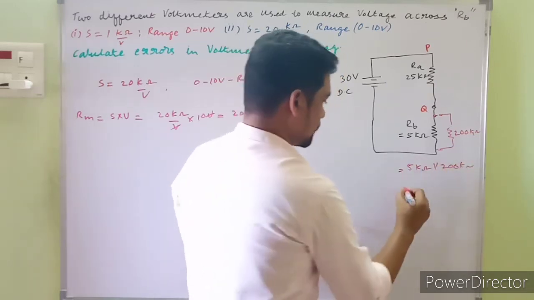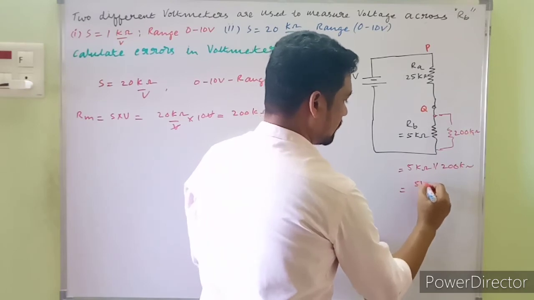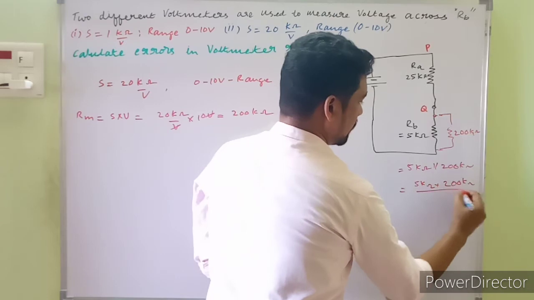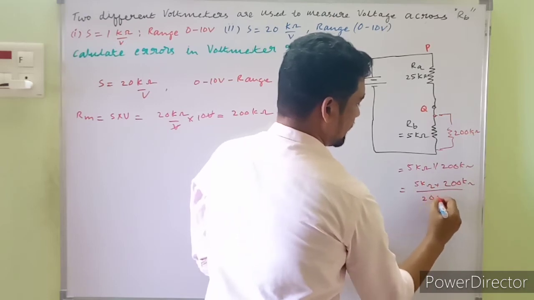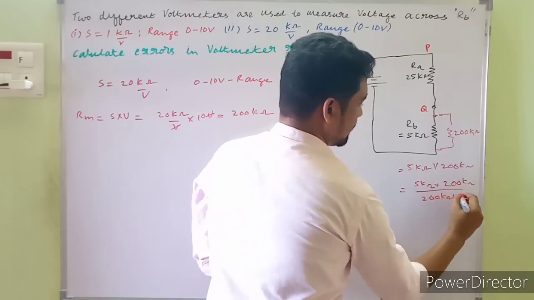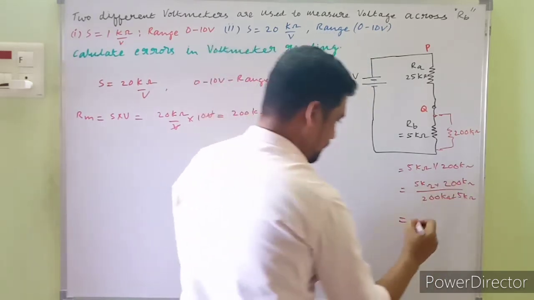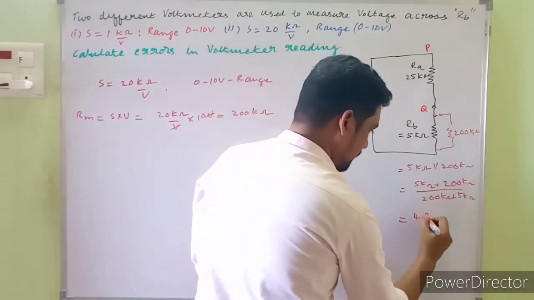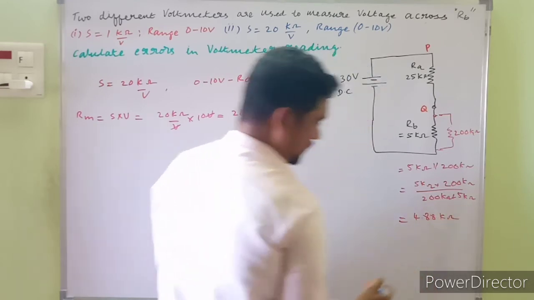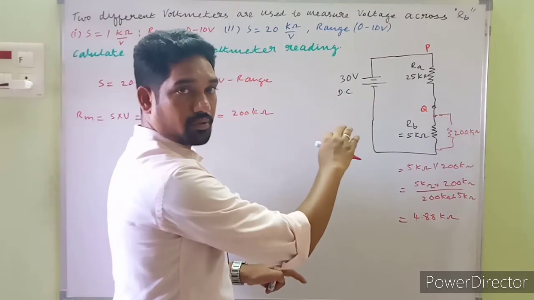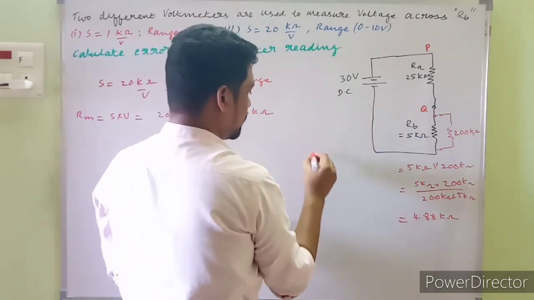So the resultant would be 5 kilo ohm into 200 kilo ohm upon 200 kilo ohm plus 5 kilo ohm, and you do it, it should be 4.88 kilo ohm if I'm not wrong. Right, now the equivalent circuit will look like this.